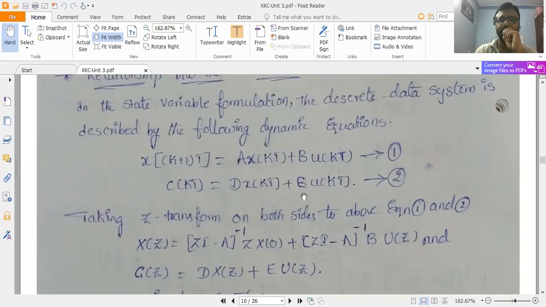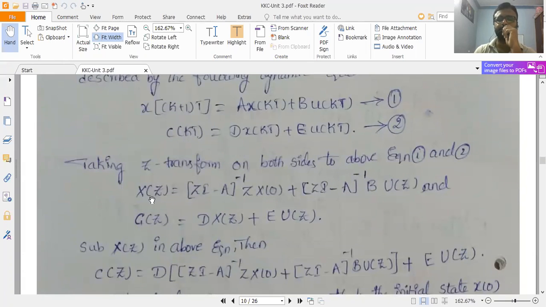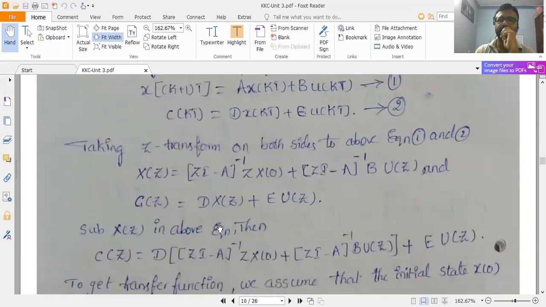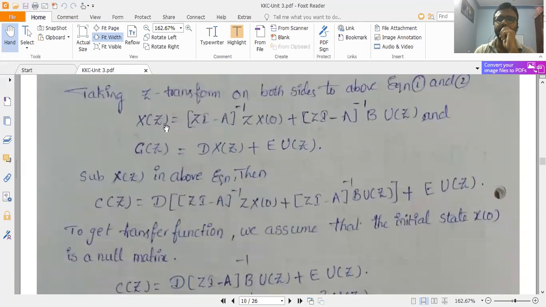Substituting the value of x of z in c of z, we get c of z as D into x of z plus E into u of z. Let us assume the initial state x of 0 as a 0 matrix, that is, the null matrix.